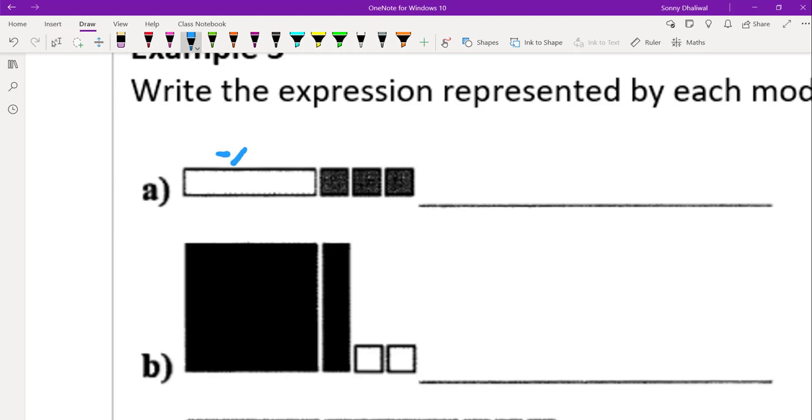Yeah, that's the negative x tile. And how about those small squares? What do those represent? The positive ones. So if we want to write this as an expression, we have one of these. That's negative x. And we have 3 positive ones. So that would be plus 3.